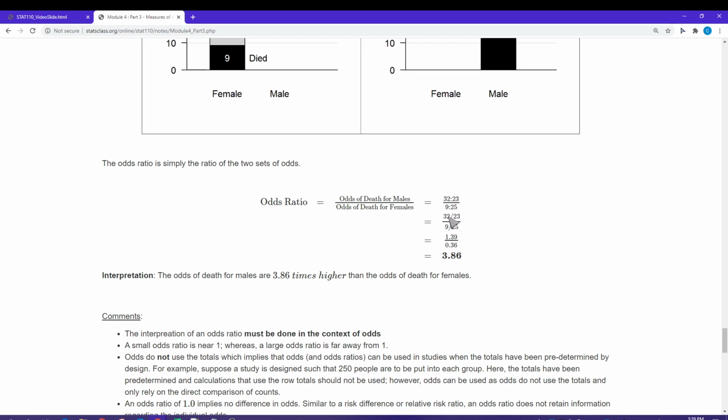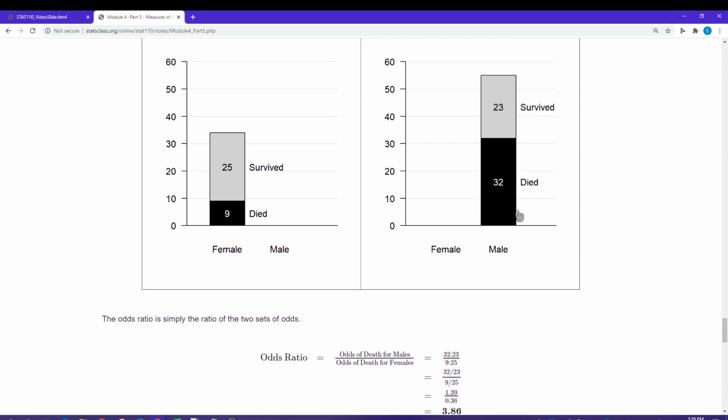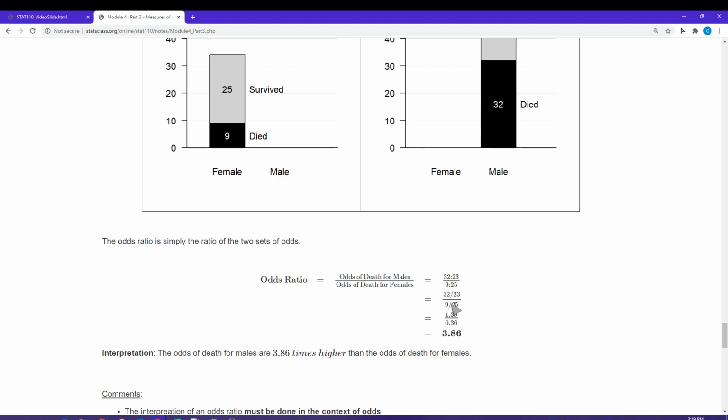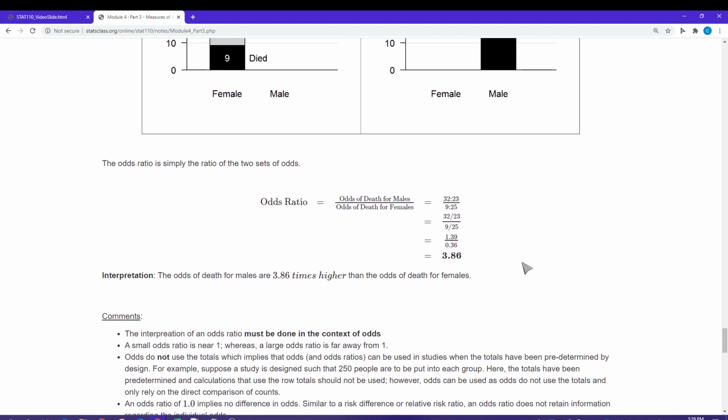So I actually take 32 divided by 23, expressing that as a ratio as well, and then 9 divided by 25. So an odds ratio is actually the ratio of ratios, which gets to be a little confusing and somewhat more difficult to talk about. So the odds ratio here, doing the math, is about 3.86.